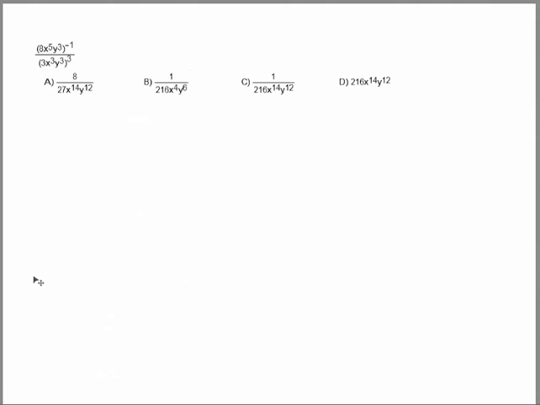Okay, this is the next one. To simplify this, we have 8 to the power of minus 1, x to the power of minus 5, y to the power of negative 3.